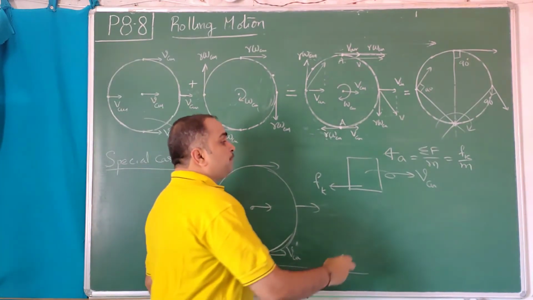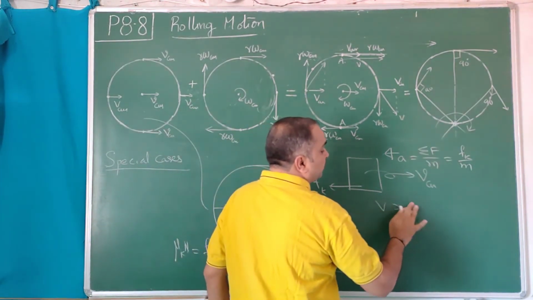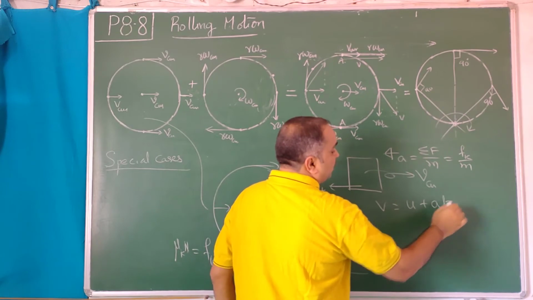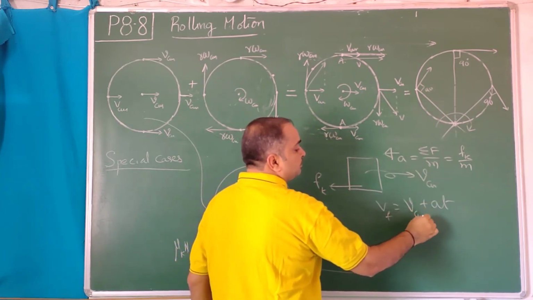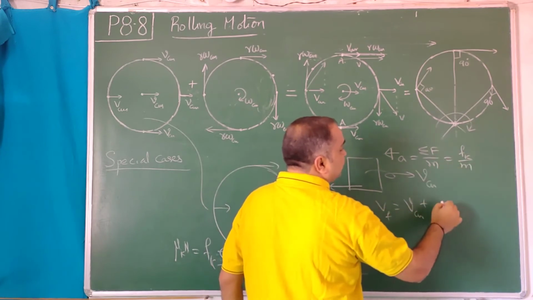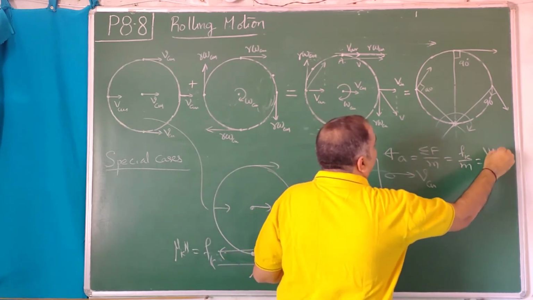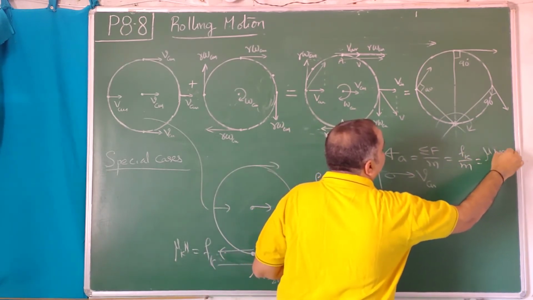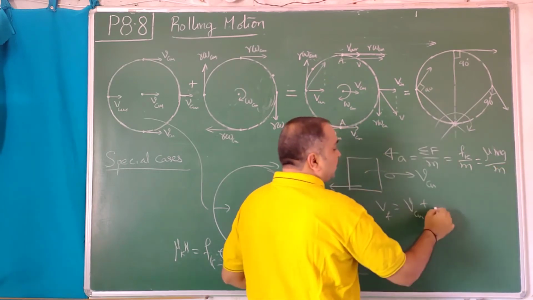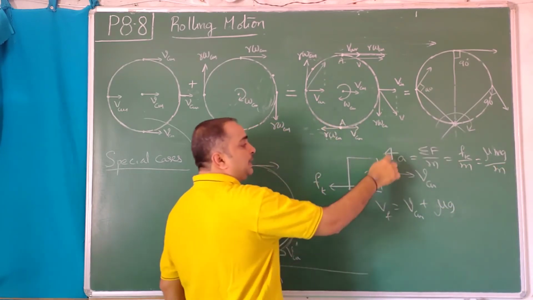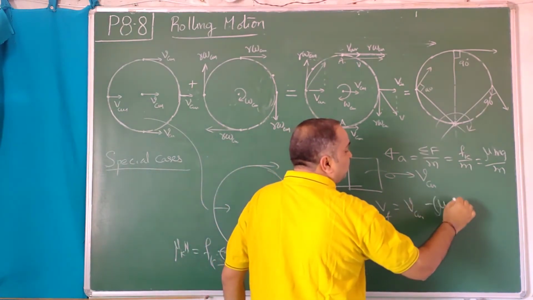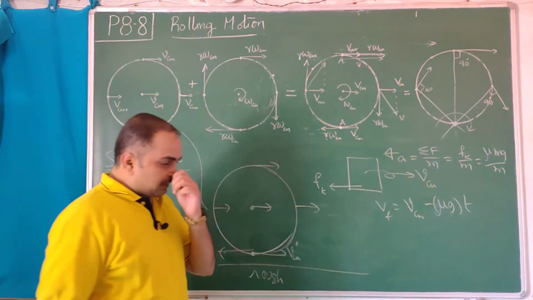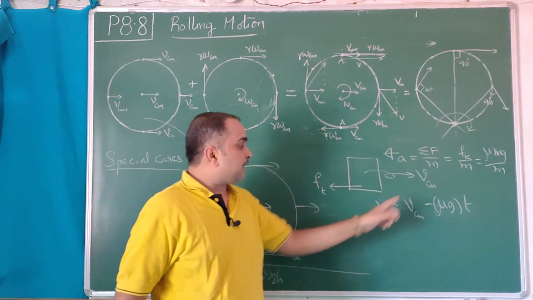So v is equal to u plus at. Final velocity is equal to u, the present velocity Vcm, plus a, which is net force by mass, that is Fk by m, that is mu k N, mg by m, mu g. But it is not acting in the direction of velocity, it is acting opposite, retarding. So it is minus mu g into t.